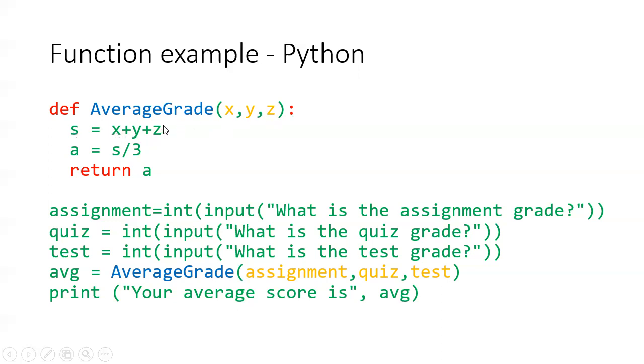It takes the X, Y, and Z, which are passed in as inputs, adds them together, and then that total is stored in S. Then there's a new variable that's created, called A, and A takes the value of S divided by 3. Now, the return statement at the end means that when we call this function, this will become the output. A will be output from the function.